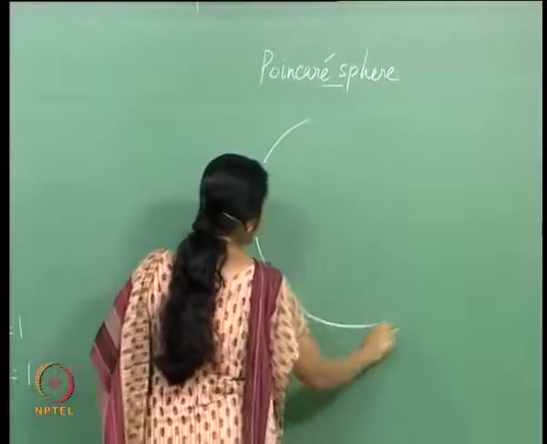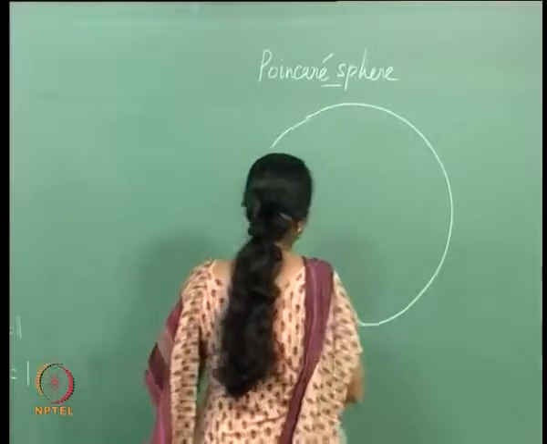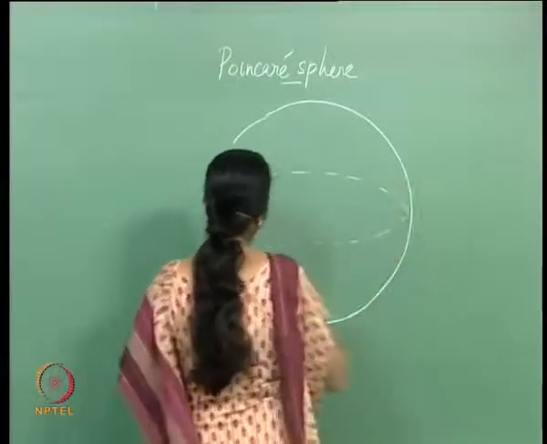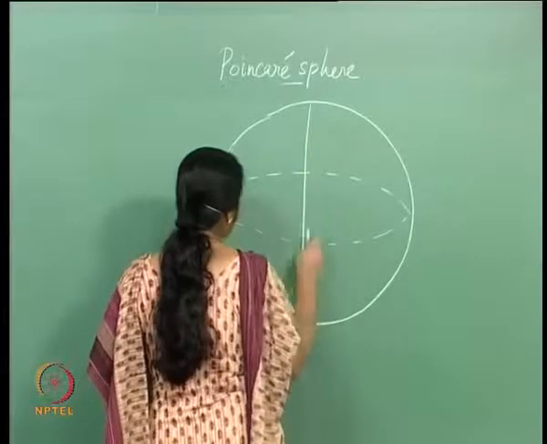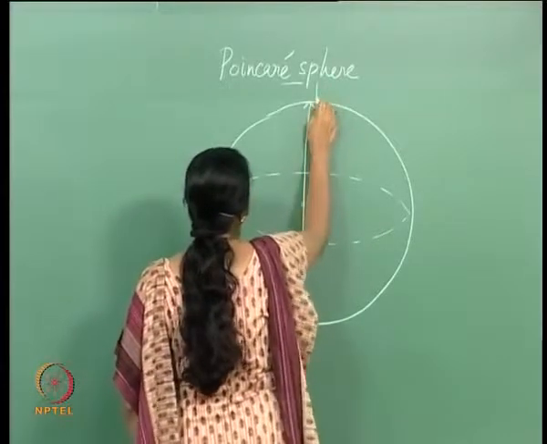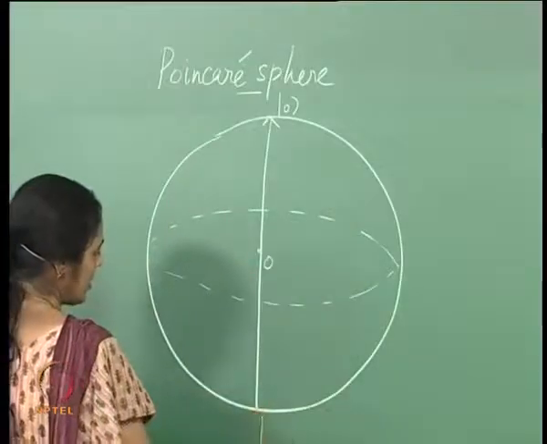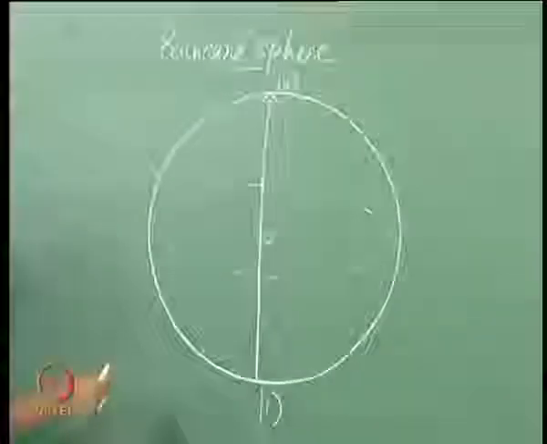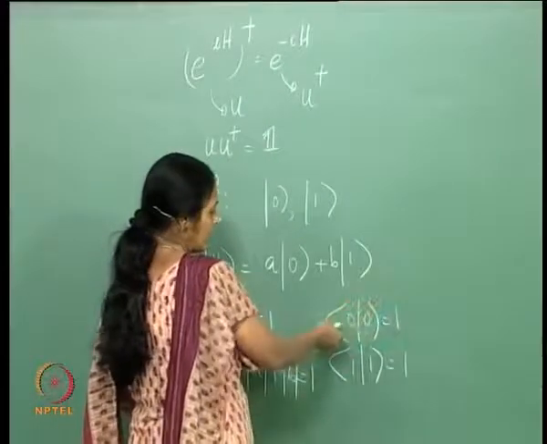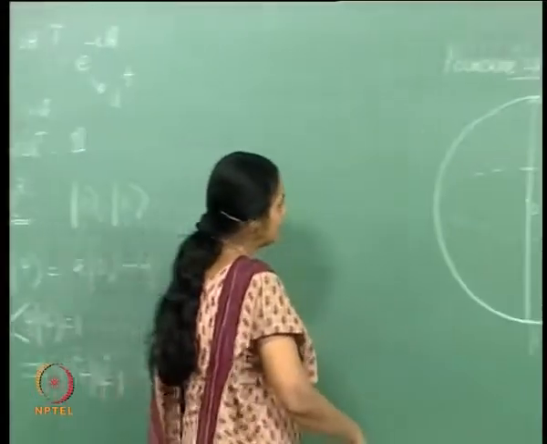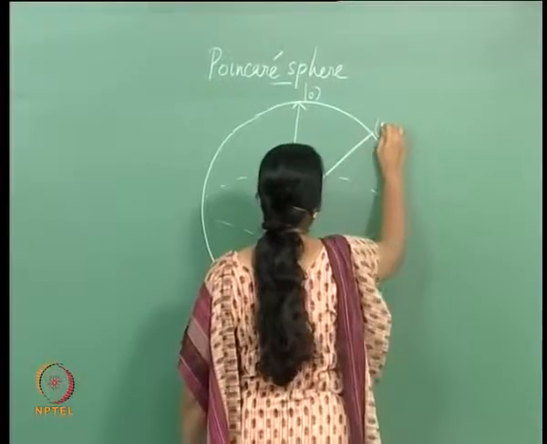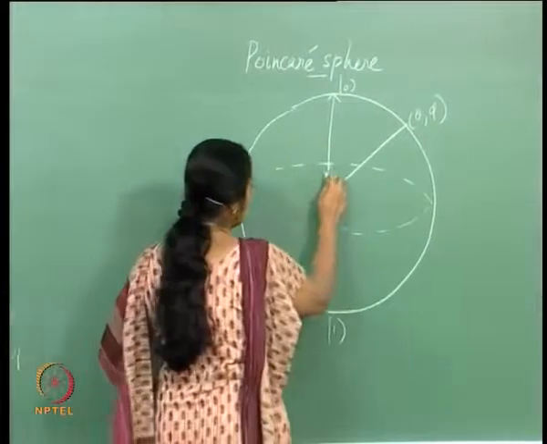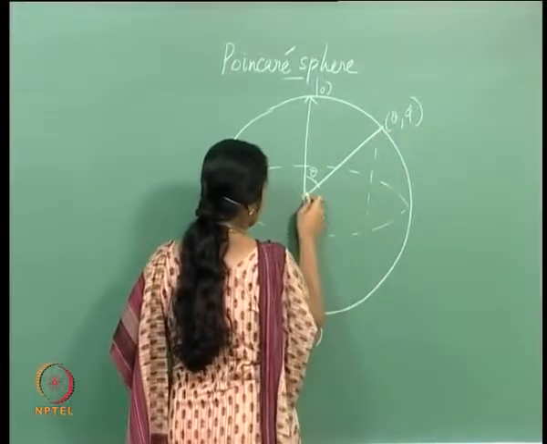So I have this sphere of unit radius and this is the equatorial plane. So that's the origin of coordinates. This is ket 0 and this is ket 1. Sphere of unit radius, and therefore I know that the kets are normalized to 1. Any point here is represented by the coordinates theta and phi, where this is theta and that is phi.